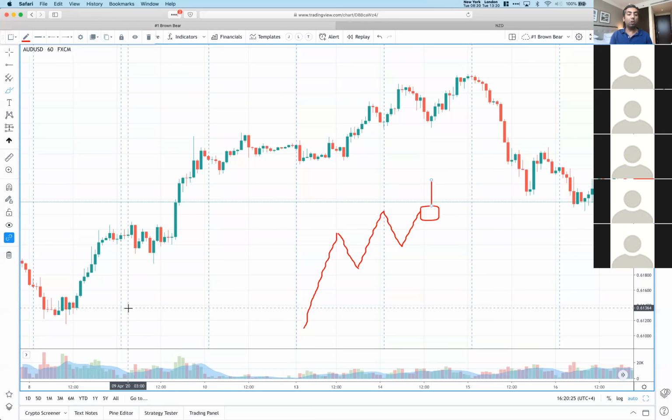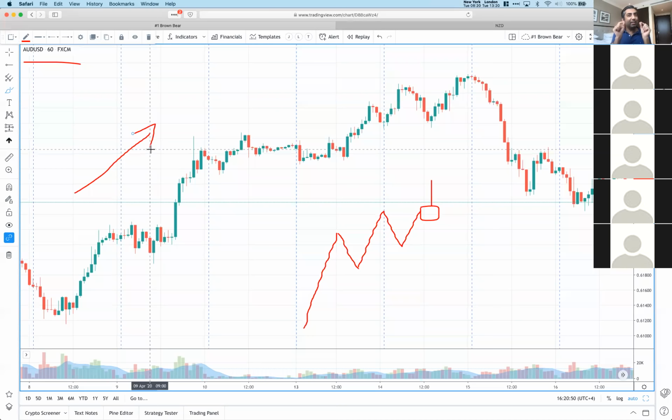Okay, so if we're looking at this Aussie USD 60-minute chart, and you bring in your son or your daughter or a toddler to look at the screen and say, okay, help daddy or mommy understand which way is the market going, he or she will say up, right? Look at all those nice Christmas colors going up.